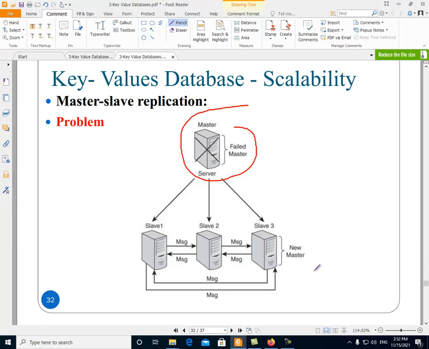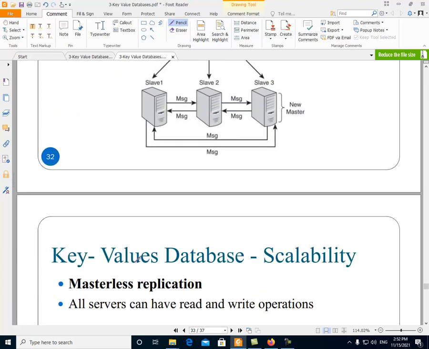When this happens, the slave servers send some messages between them and they select a new master in the cluster. And from that point, the operations will continue with the new master server. So this problem could be resolved like this.